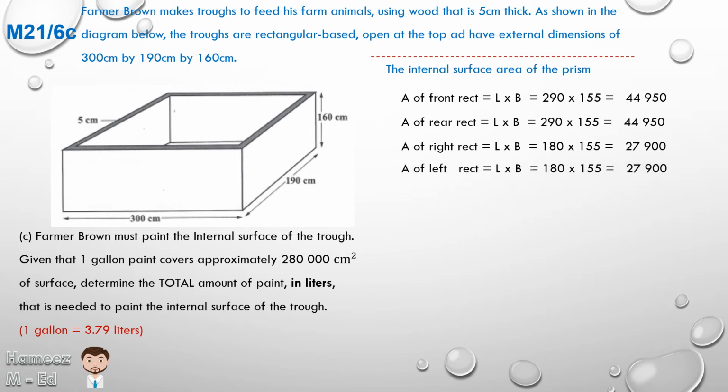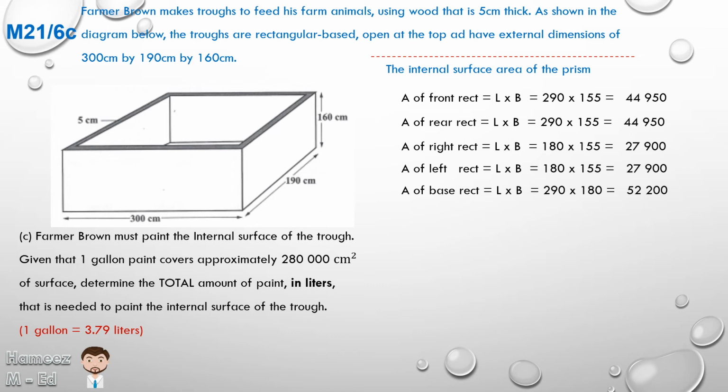The area of the left rectangle will give us the same thing. And the area of the base would be 290 times 180, which is 52,200.